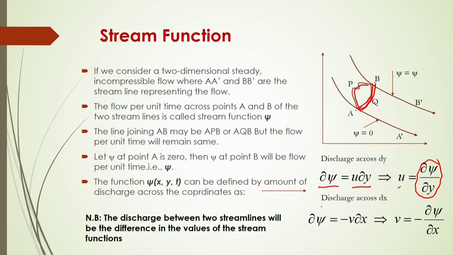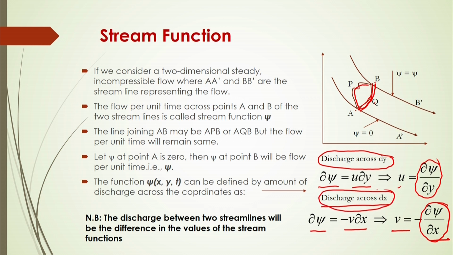This will be the discharge across dy. And dou psi will be equal to minus v dou x, which implies that v will be equal to minus dou psi by dou x, the discharge across dx.